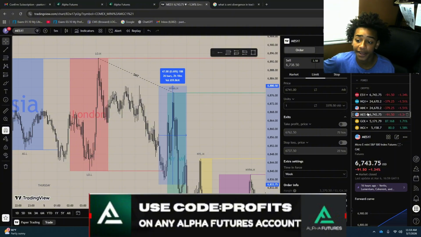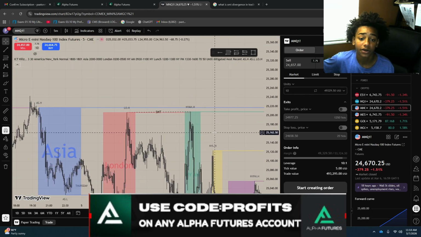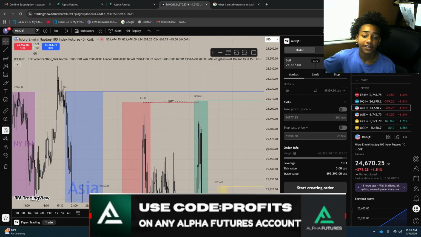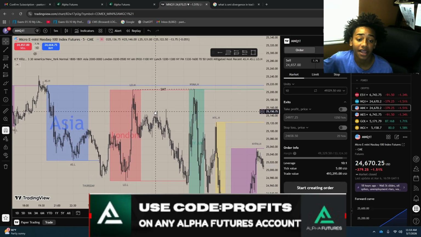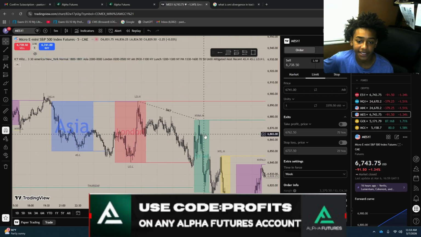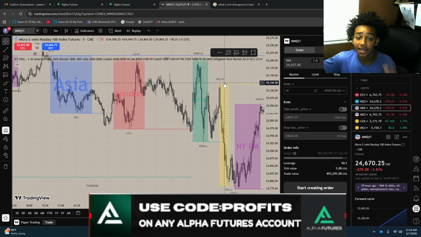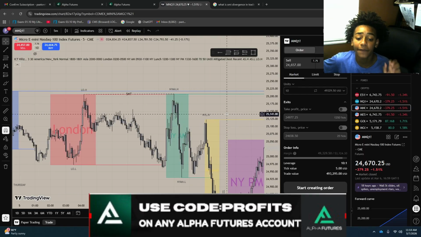However, on ES, they fail to take the London high at the same exact time. So that is an SMT divergence. And what happens as soon as we take a strong liquidity pool? We immediately reverse.